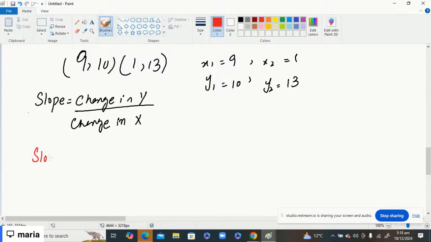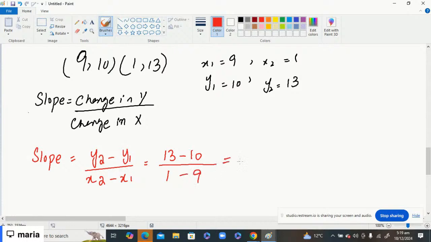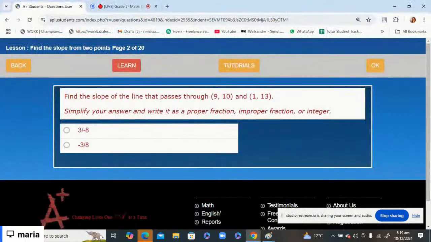What is the slope? y2 minus y1 over x2 minus x1. y2 is 13, y1 is 10, x2 is 1, x1 is 9. So 13 minus 10 is 3, 1 minus 9 is minus 8. So the slope is 3 by minus 8, which is minus 3 by 8.